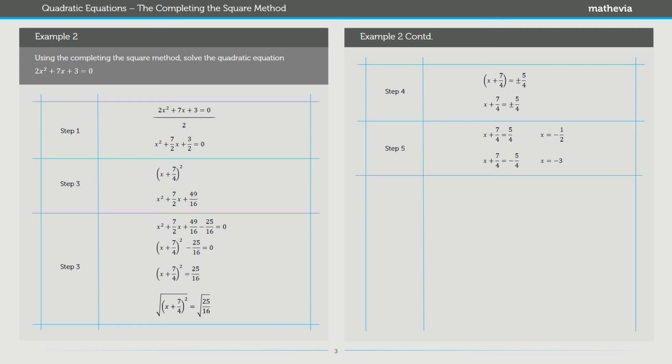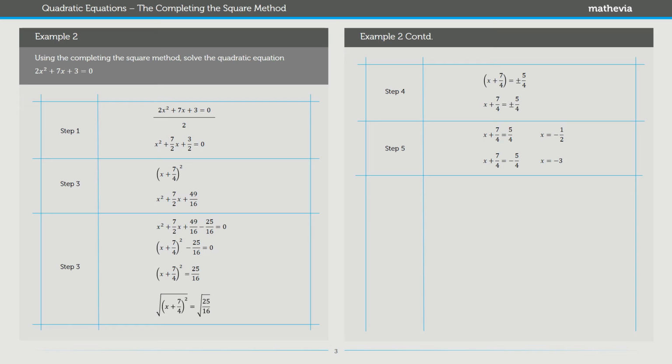Okay, so let's jump right into it. However, now we have x squared plus 7 over 2x plus 3 over 2 equals 0. And x squared plus 7 over 2x plus 3 over 2 is obviously not a perfect square expression, because if you divide the middle term 7 over 2 by 2, you'd have 7 over 4.